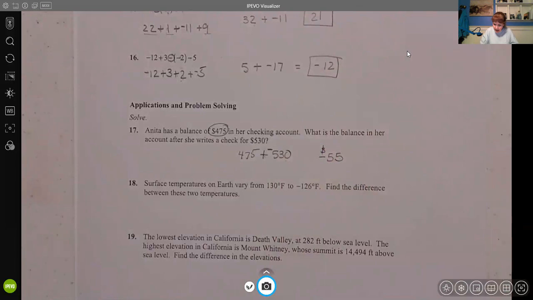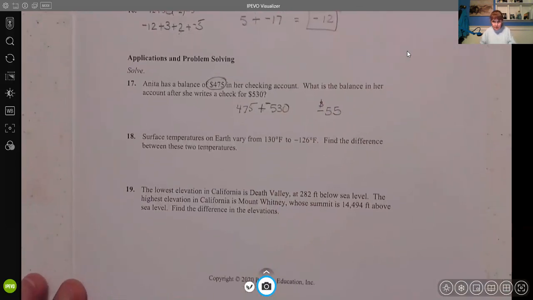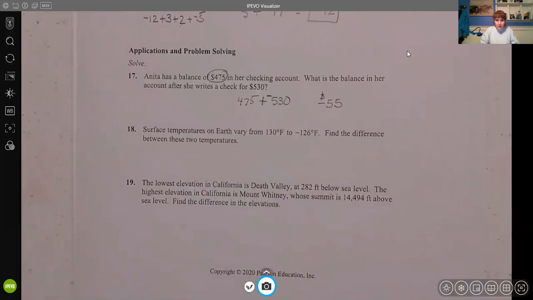Now let's look at number 18. We have the surface temperature on Earth. Temperatures on Earth vary from 130 degrees Fahrenheit to a negative 126 degrees Fahrenheit. Find the difference between these two temperatures. So you're finding actually the distance between these two.